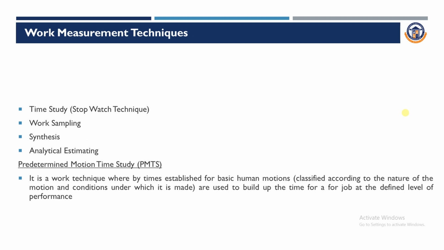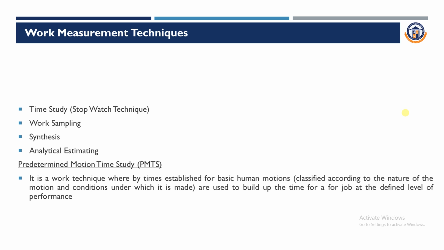So what are the techniques of work measurement? Work measurement is conducted in different methods. There are different techniques like time study, work sampling, synthesis, and analytical estimating used for work measurement purposes. In today's session, we will be seeing more about time study and method study.